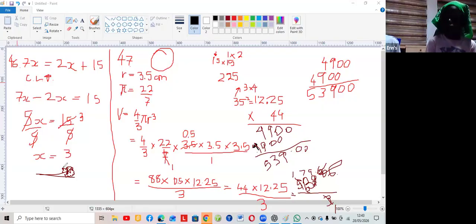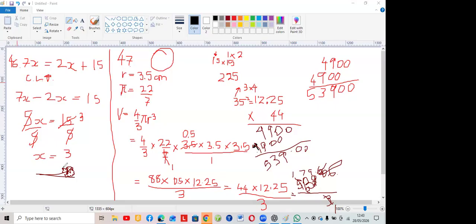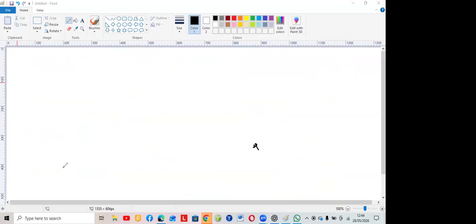So we can move to number 48. Okay, all right. So I'll have to wipe up the screen to do that. Number 48, Favor, over to you.